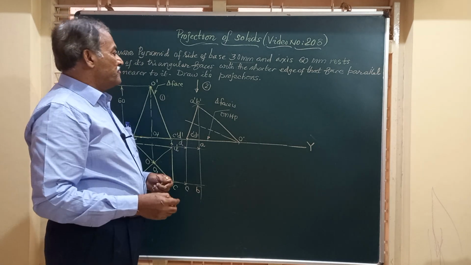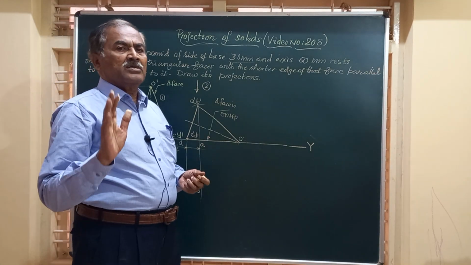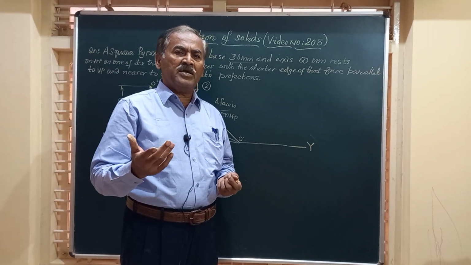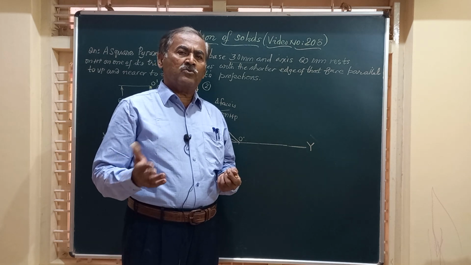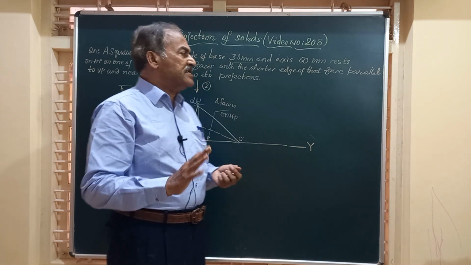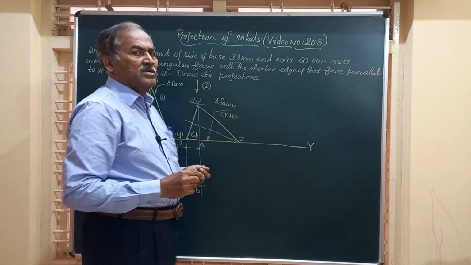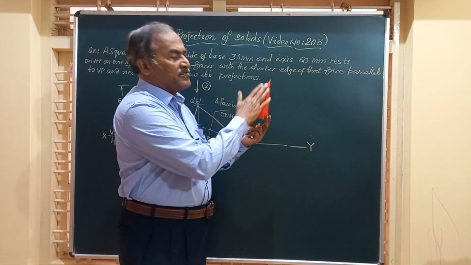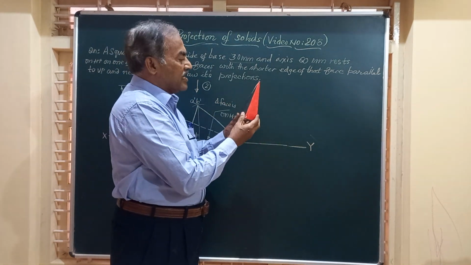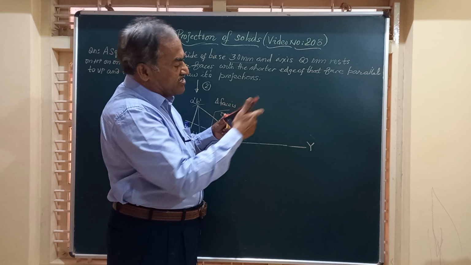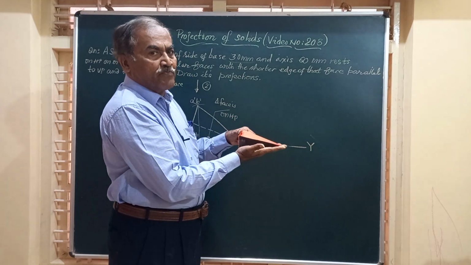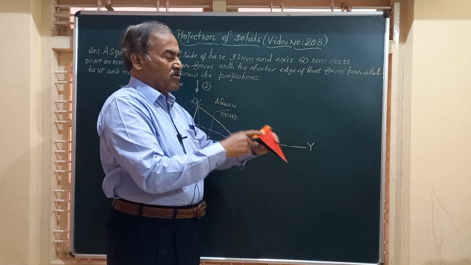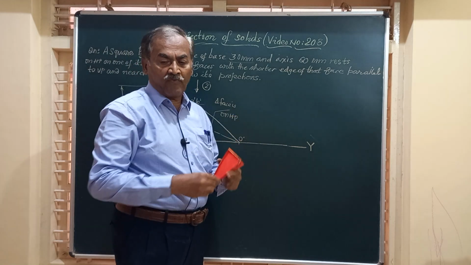Friends, you should remember, whenever any of the pyramids, whether it is a triangular pyramid, a square, or rectangular pyramid, whatever may be the pyramid, whenever it is resting on HP on one of its triangular faces, or on one of the slant edges or the longer edge, in such cases the complete base of the solid is visible in the top view.